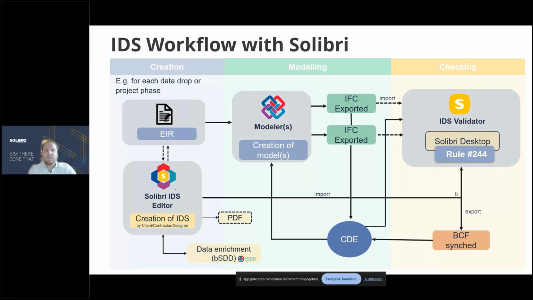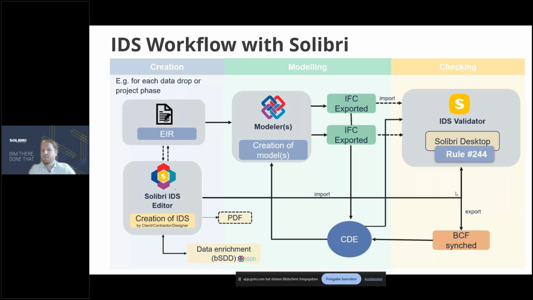And to check the IDS file after you created one with the Solibri IDS editor, of course, you need an IFC model. So when you are modeling your BIM model in your authoring tool, you need to convert it into IFC, and together with the IDS file, you can then run the validation check with rule 244.